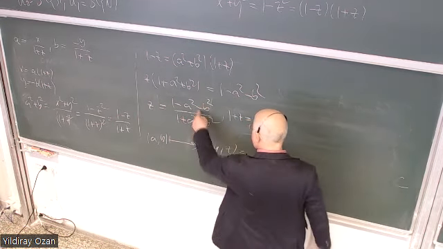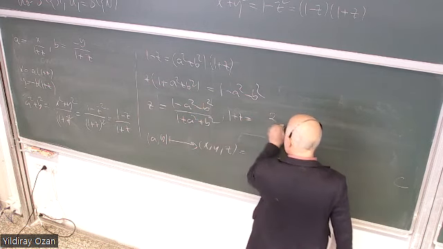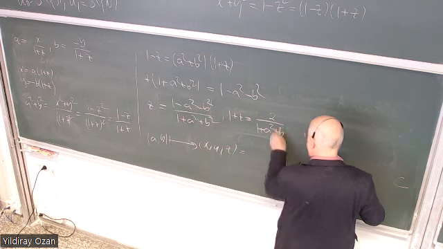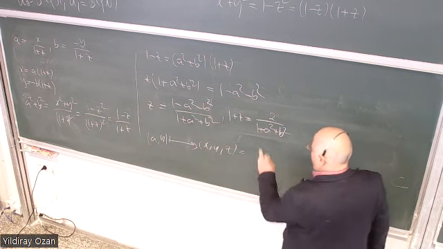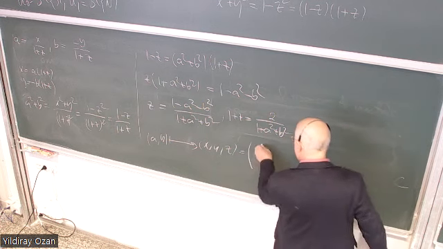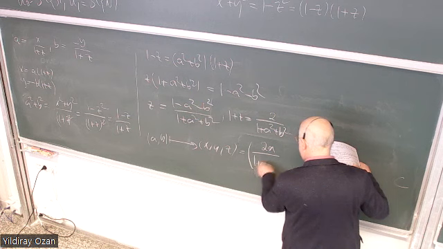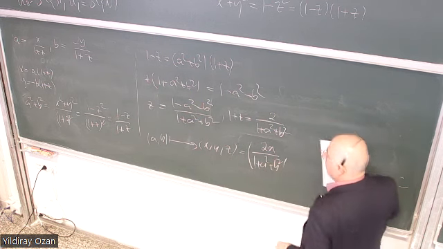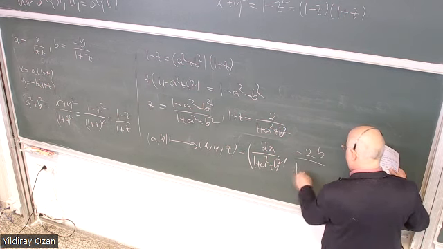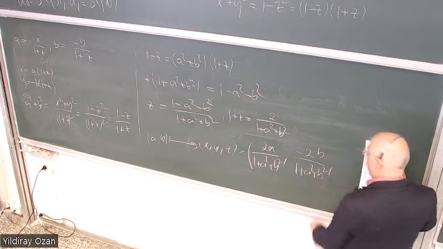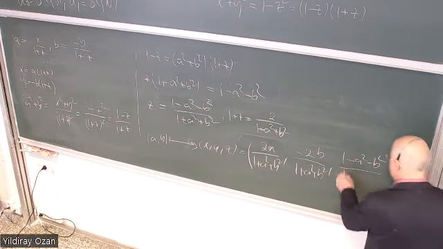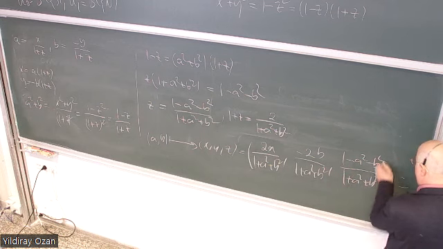Eklerseniz 2 bölü 1 artı A kare artı B kare çıkar. 1 plus Z bu. A ile çarptığınıza göre 2A over 1 plus A squared plus B squared, minus 2B over 1 plus A squared plus B squared, and Z is 1 minus A squared minus B squared over 1 plus A squared plus B squared.